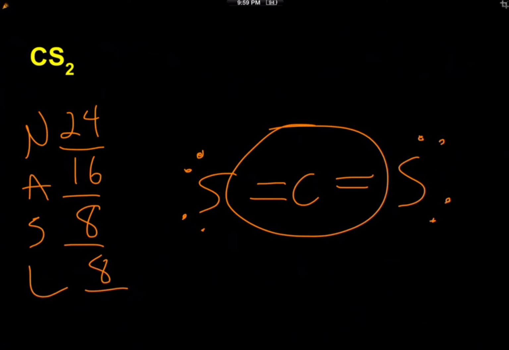Each one of those double bonds connects the carbon to one other atom, so that only counts as 2 different domains. And 2 domains with no lone pairs is linear. Okay, so that's the shape.